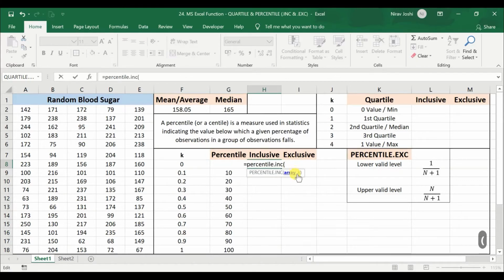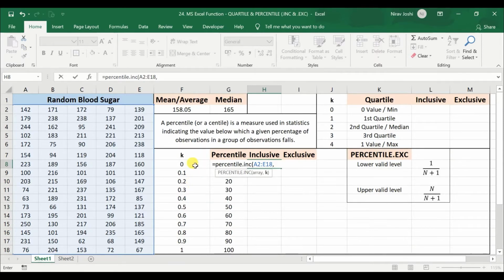For that, we need to have an array, that is this one, and we need to provide value of k. So value of k means what will be the cutoff. So if we want to calculate 20 percentile, the k value would be 0.2. So that's a proportion based calculation for value of k.